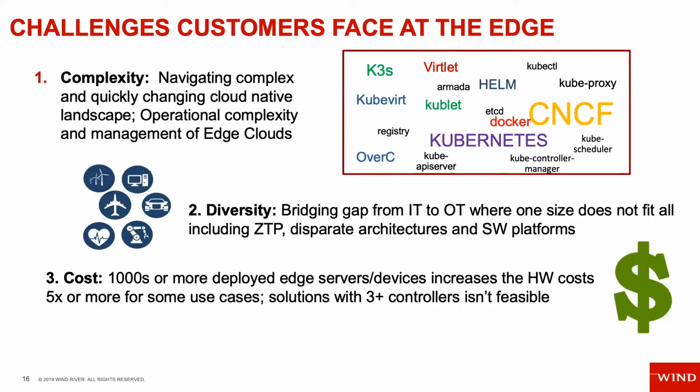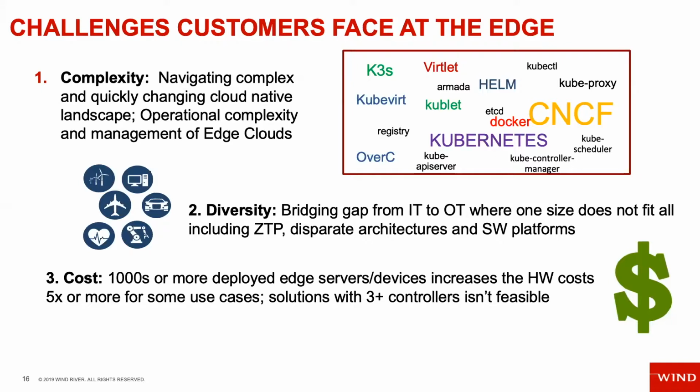And I've talked to some OEMs who tell me that for every application they want to move out to the edge, it costs them 5 times more in capital costs than it would to manage it in the data center.